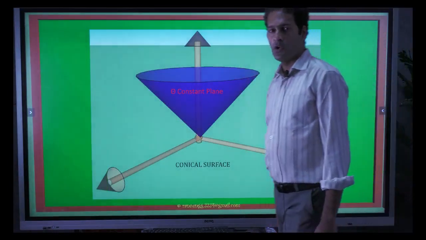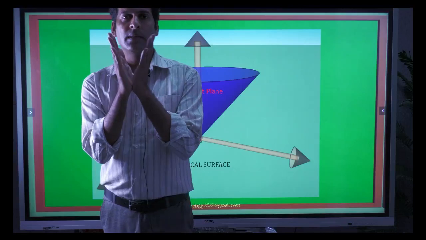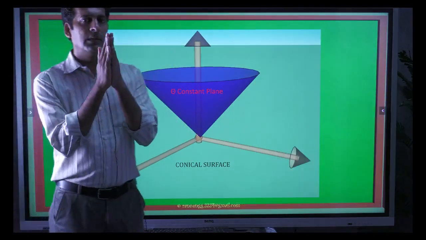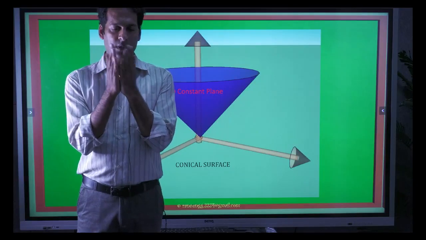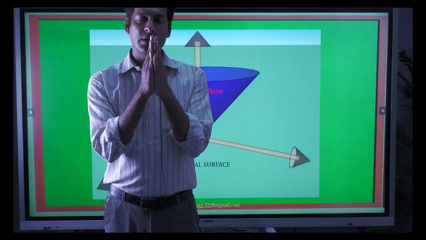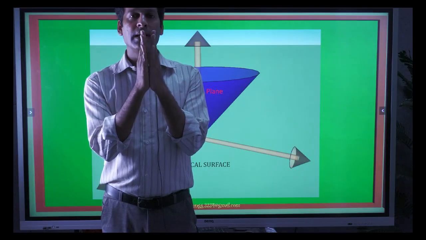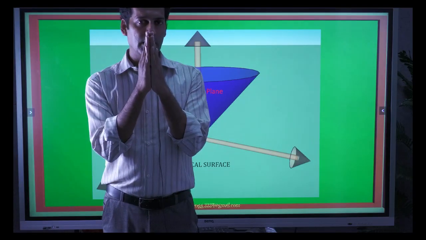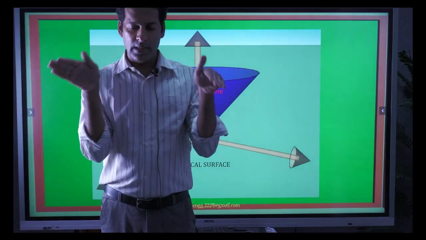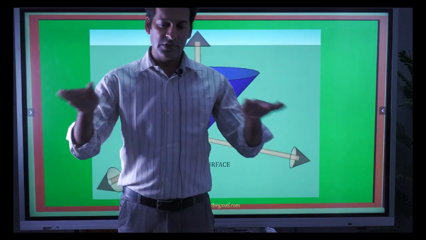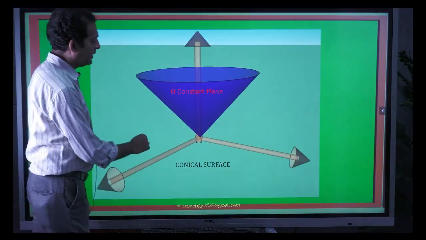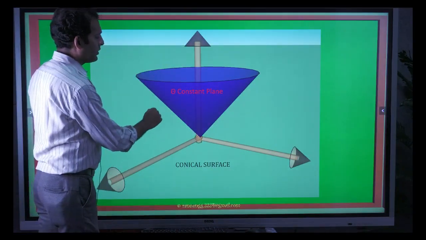is the theta constant plane. It represents a conical shape. So you can imagine a flower, or a bird on the surface of water, and this angle starts from the z axis at 0 and extends in both directions, and then again goes down as a reflection inside the water, which we will see. So here the second one is the theta equal to constant plane.